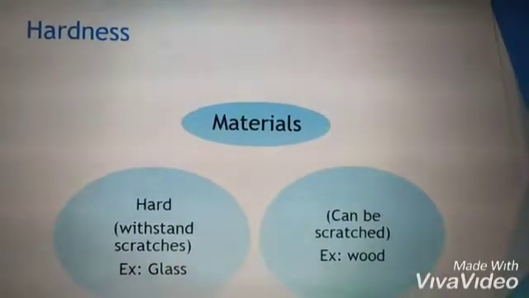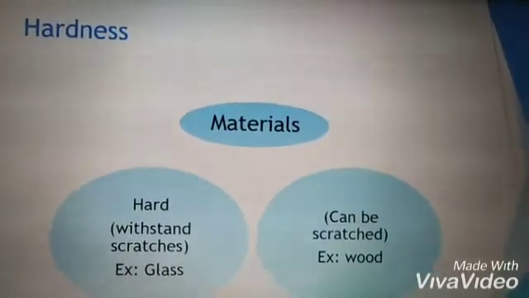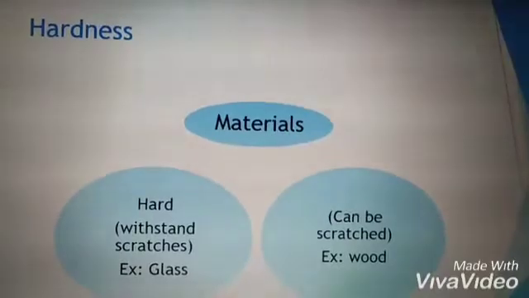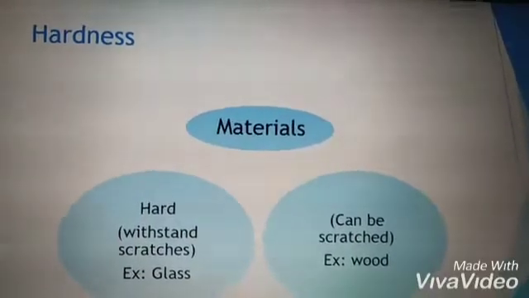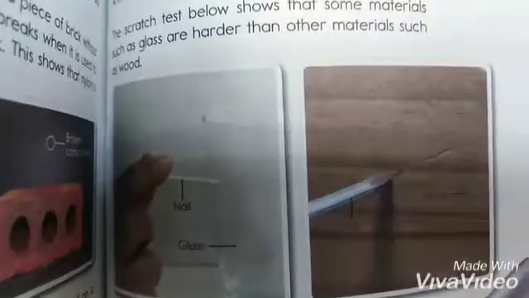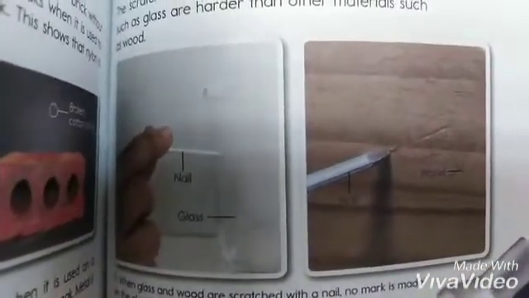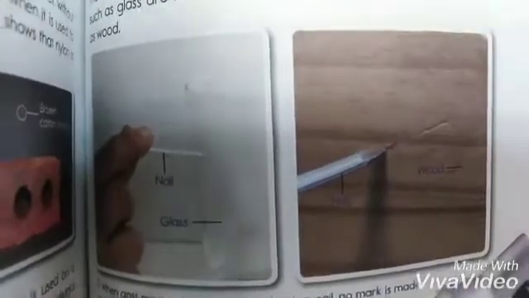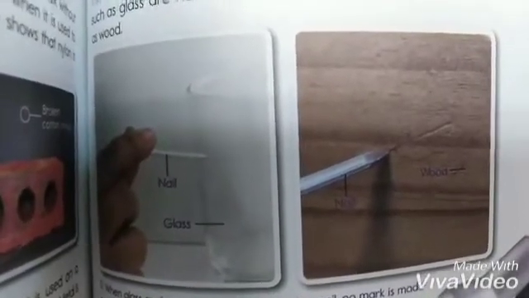According to their hardness, you can find two types of materials: hard materials that withstand scratches, or materials that can be scratched. This is an example in your textbook, page 105, on the hardness property.